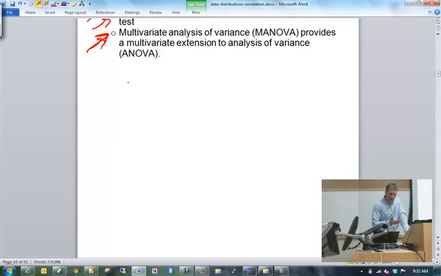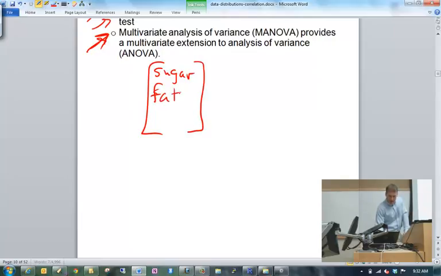Now, with the cereal data, I'm going to write this in an informal manner. You can imagine that for every observation, you could put their sugar value, you could put the fat value, and the sodium value into a 3x1 vector, right?